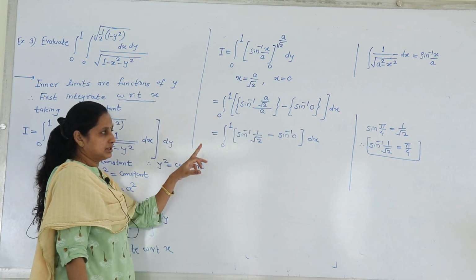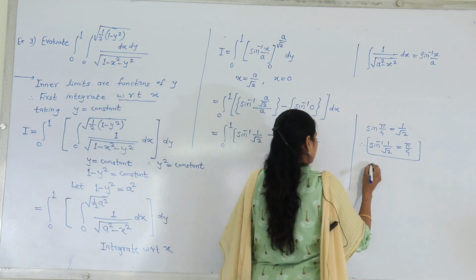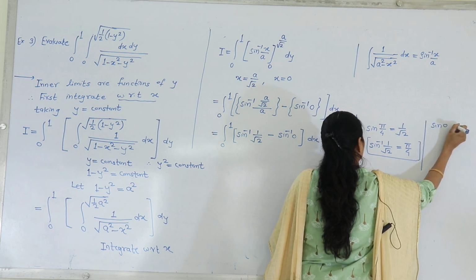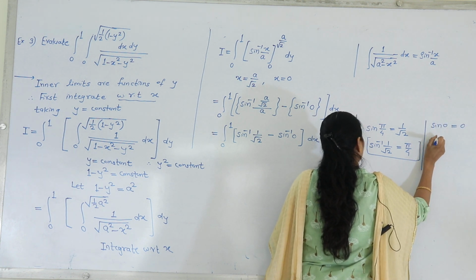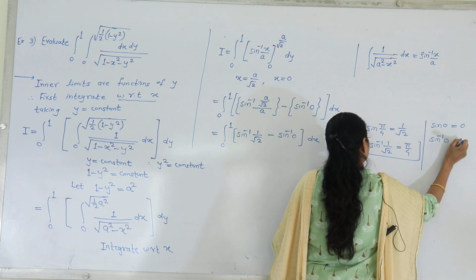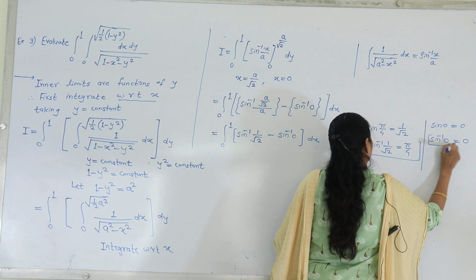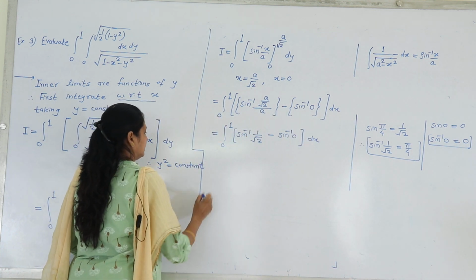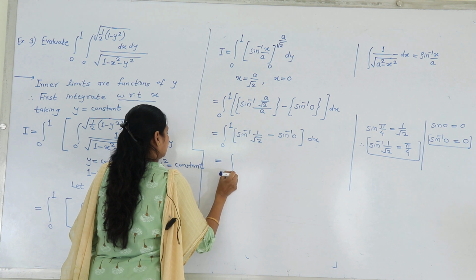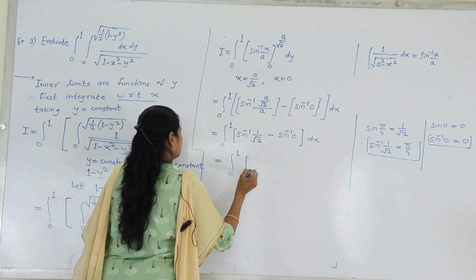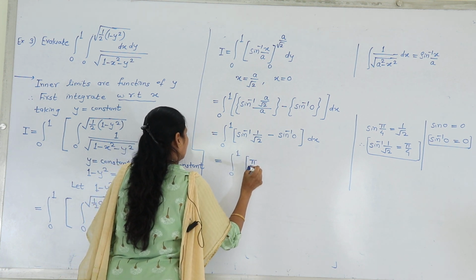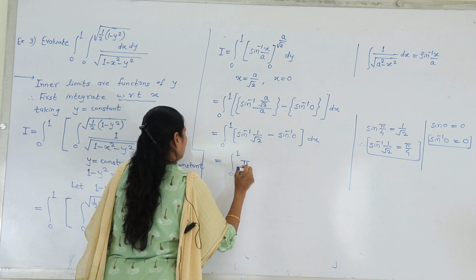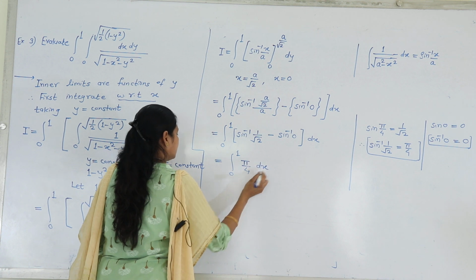And sine inverse 0, since sine 0 is 0, therefore sine inverse 0 is also 0. Now values 0 to 1, sine inverse 1 by root 2 means pi by 4, pi by 4 minus 0, that is only pi by 4, dy.